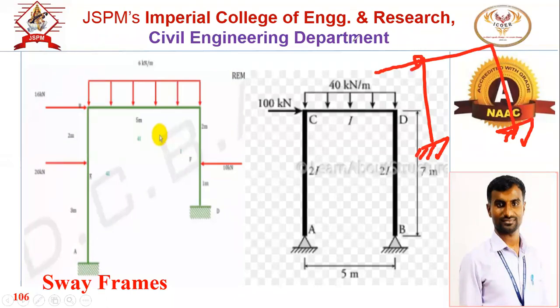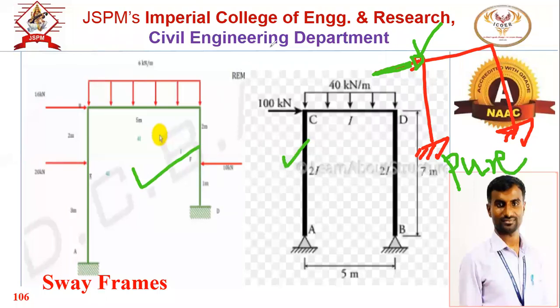Suppose this is the frame, having only one horizontal point load, or nodal load, at beam level. In that case it is called the pure sway frame, and these others are the general sway frames.